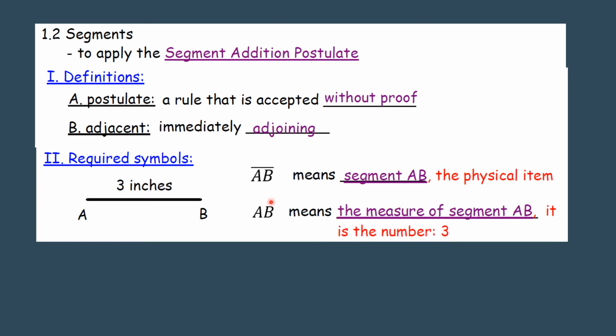So it's actually the number, and since you can't really touch a number, we don't put a segment symbol over the top. So segment AB is the thing you can touch. AB without something over the top really means the measure, so this is a number. You can add and subtract and multiply and divide with numbers, so I can add, subtract, multiply, and divide by this symbol or this notation, not the top one.